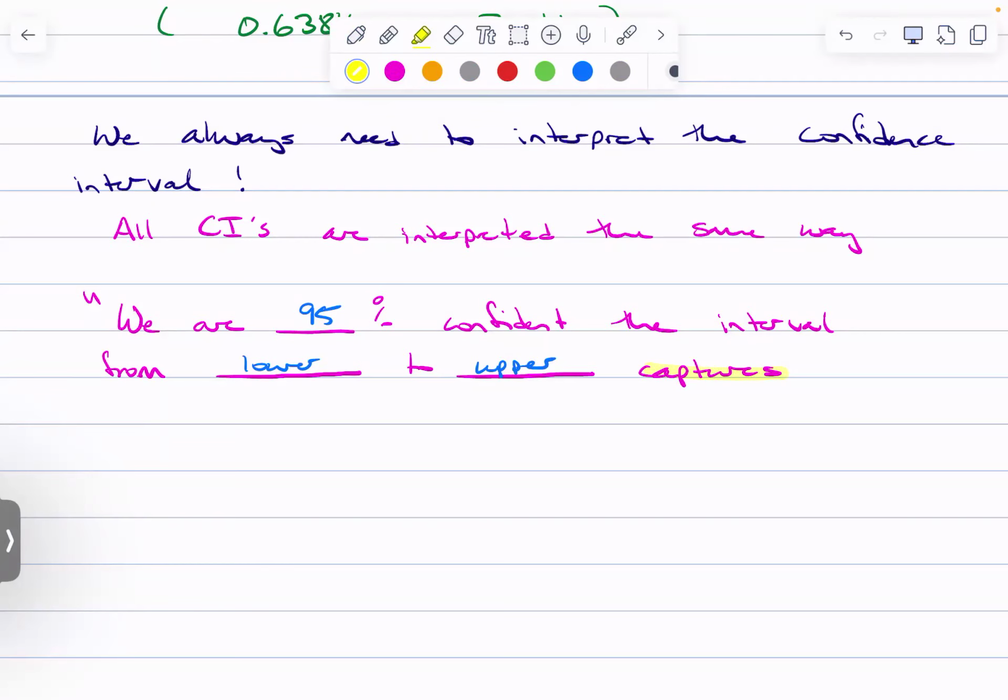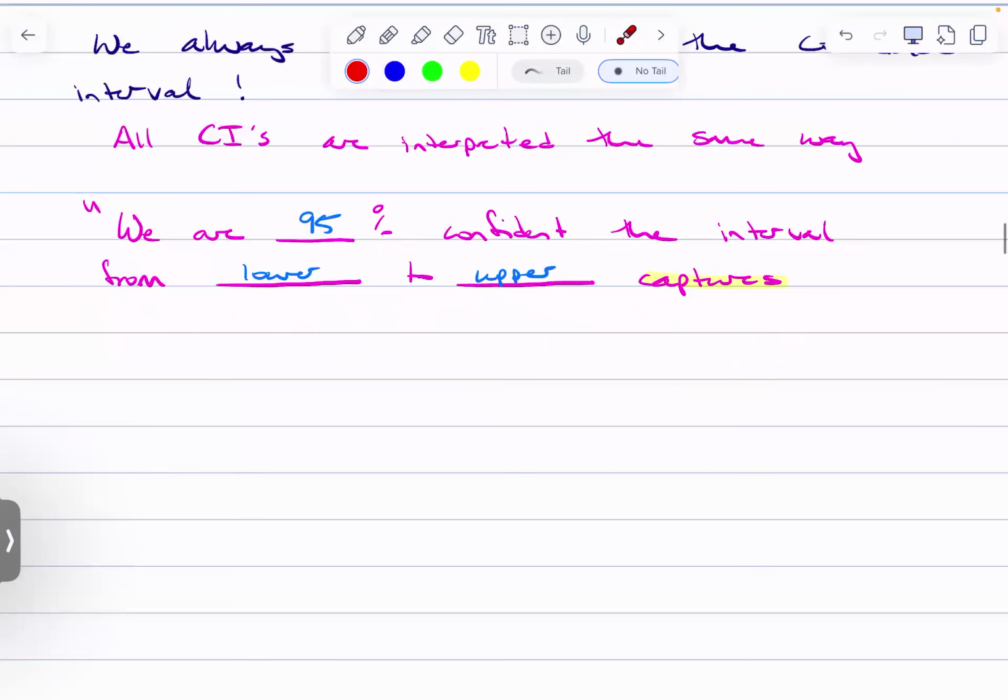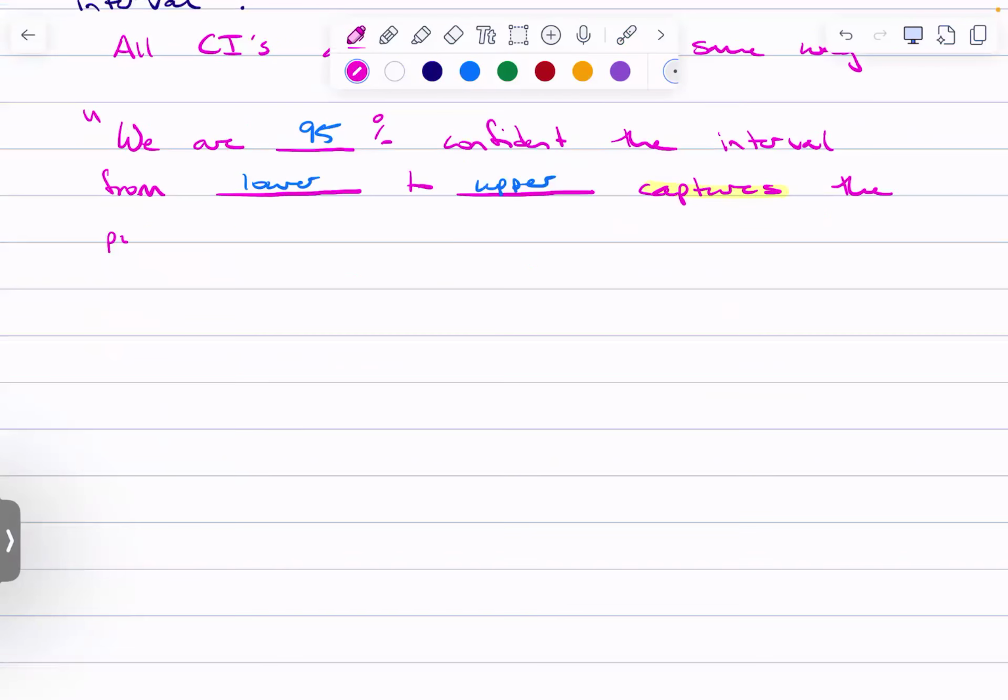We don't know either way if we caught the fish, the fish being our population proportion. We're only 95% confident this interval has caught our P. That's okay, because samples move around and maybe we have a weird sample. That happens. But the idea that we're trying to capture something that's fixed is important. Captures the population parameter of interest.